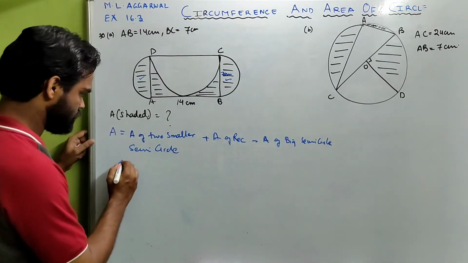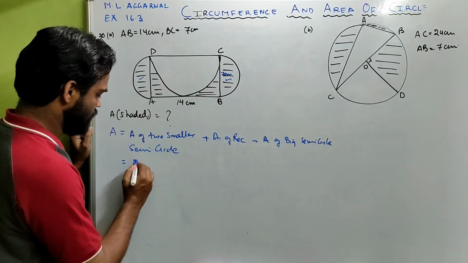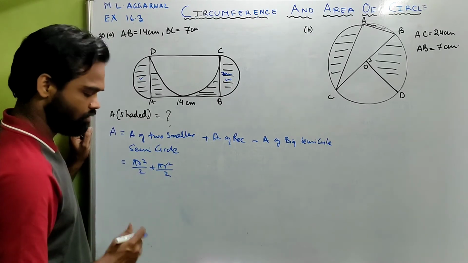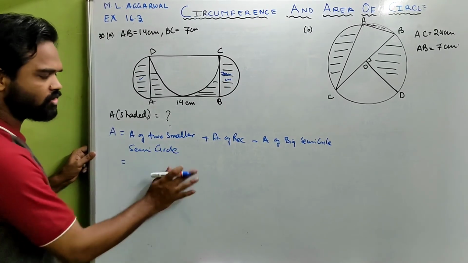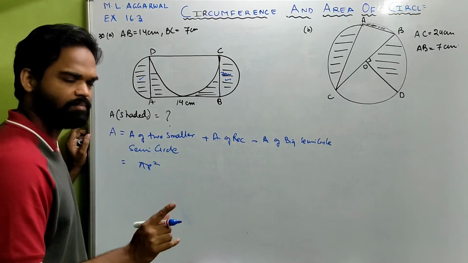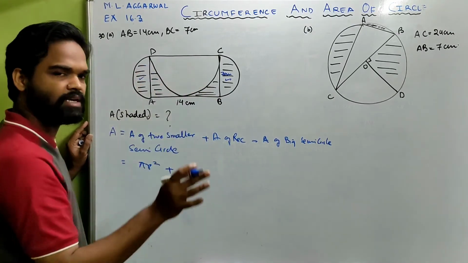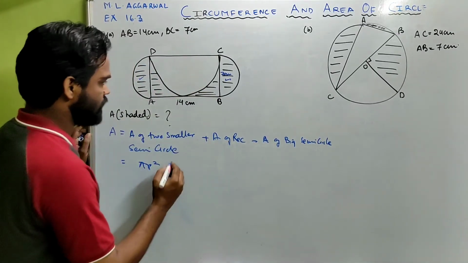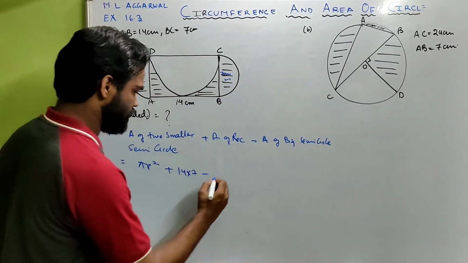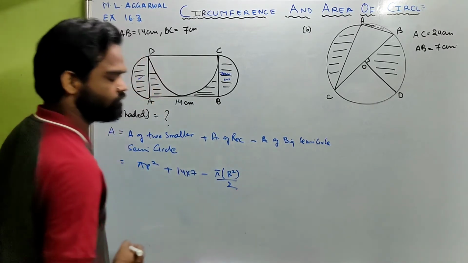Now, area of two smaller semicircles will be pi r square by 2 plus pi r square by 2, which is nothing but pi r square, isn't it? Since the radius is the same, because the diameter is the same, BC and AD are the same. Area of rectangle is length into breadth, that's 14 into 7 minus area of big semicircle will be pi r square by 2, isn't it?